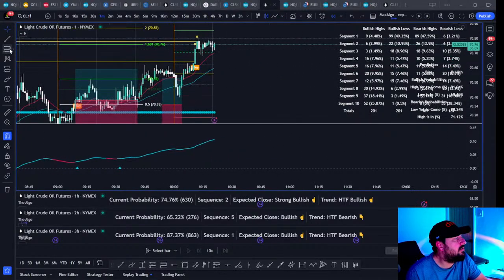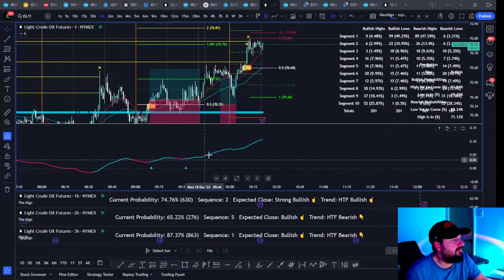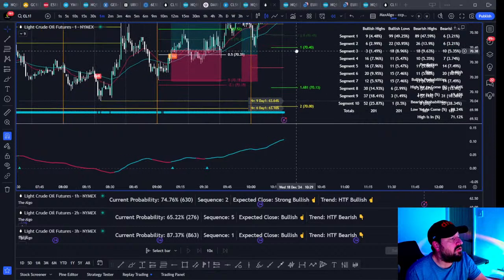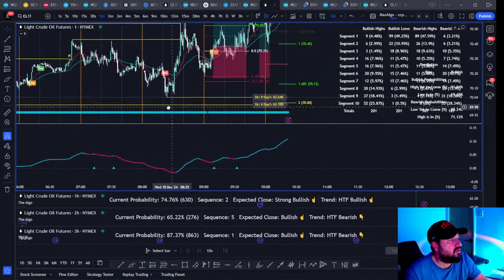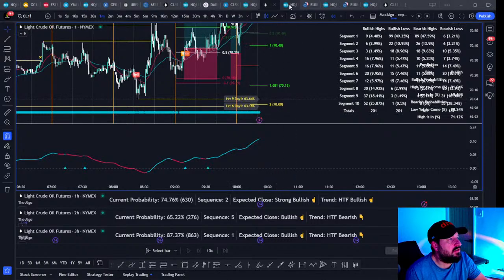It's still bullish, 74% above and bullish. So just look at the difference between NQ, right? Look at the trend AI has stayed bullish all the way through. Very strong, right?